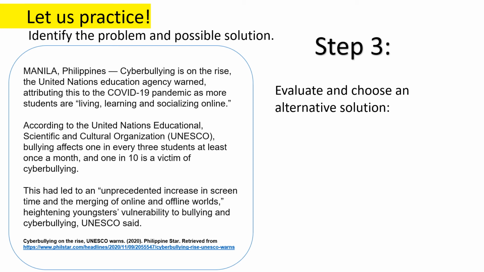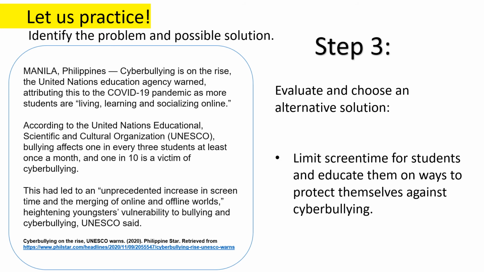So here is an example. Limit screen time for students and educate them on ways to protect themselves against cyberbullying. So I believe that this solution is doable and students can apply this in their everyday life.